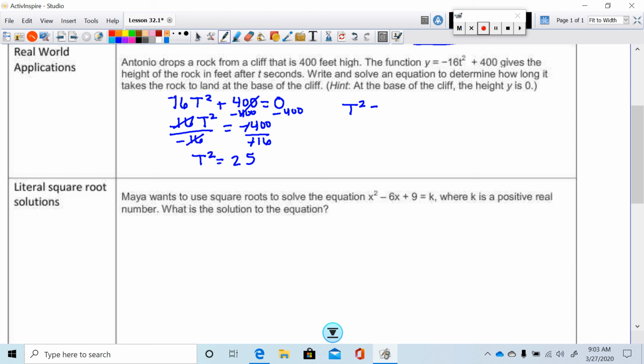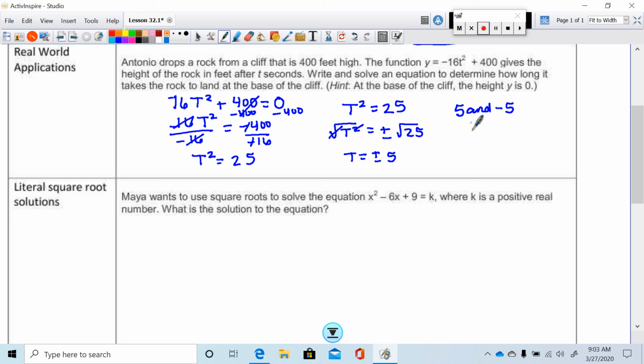So t squared equals 25. I'm going to take this opposite of square is square root. When you do that, you do plus or minus the square root of 25. Opposites cancel. T equals plus or minus 5. So that's 5 and negative 5.